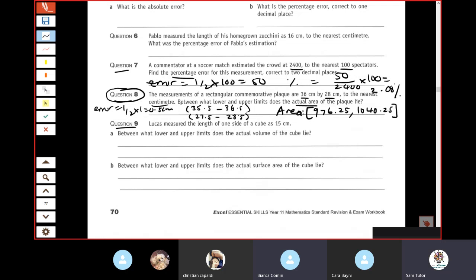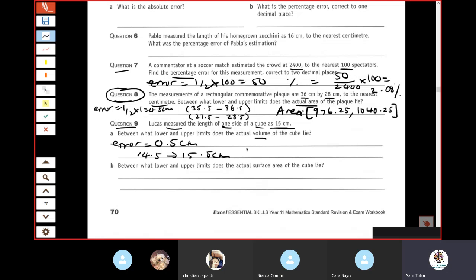Okay, question 9. Lucas measured the length of one side of a cube as 15 centimeters. See, he's measuring it, so he's the one that could have done it wrong. It is a cube. Between what lower and upper limits does the actual volume of the cube lie? Well, the error being 0.5 of a centimeter, that means the length could have been 14.5 to 15.5 centimeters.